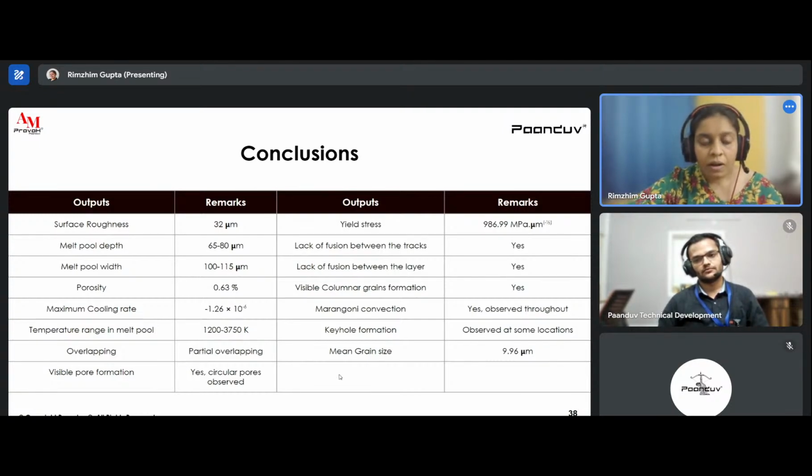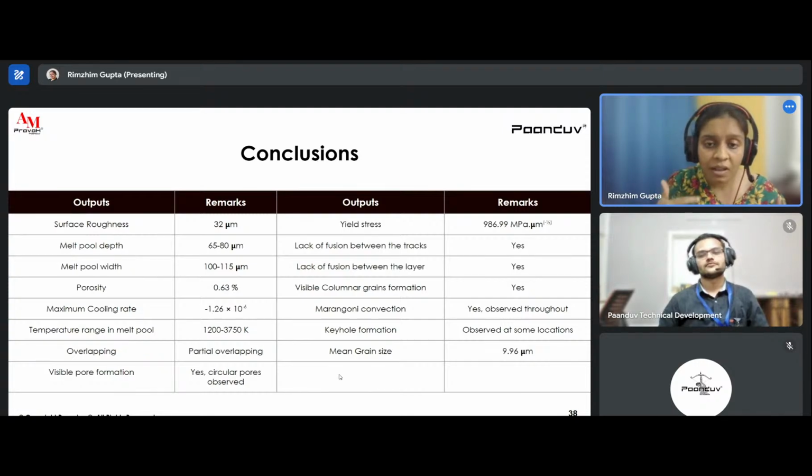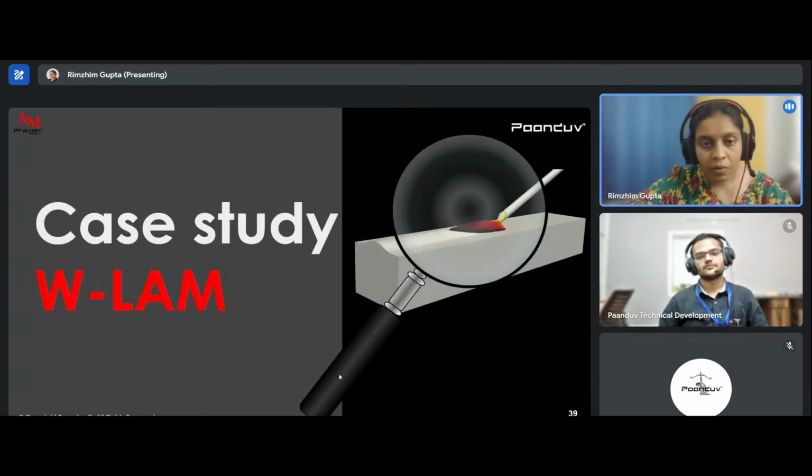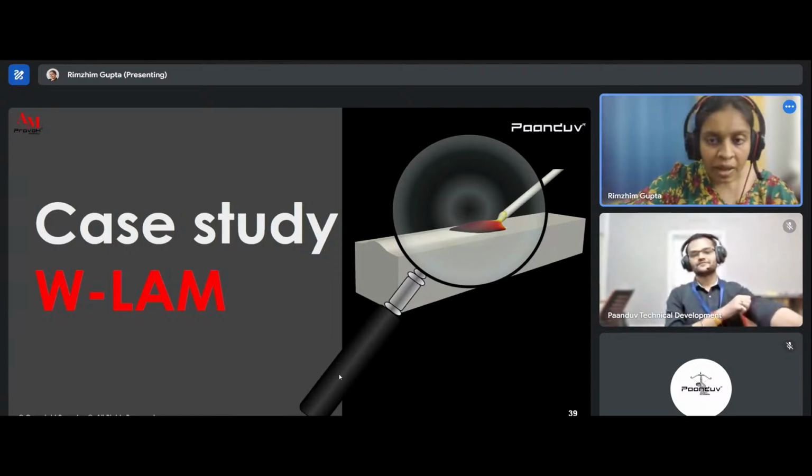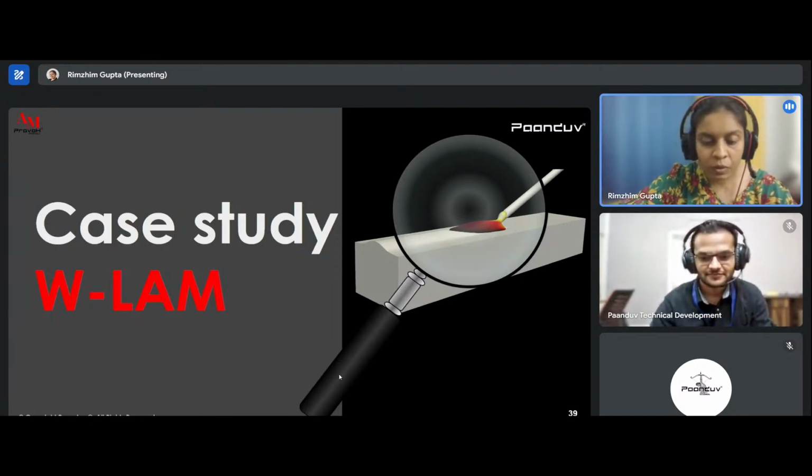So this AM Pravah for LPBF simulations will give you enough data to minimize your experimental design of experiments, which can cut down your cost and significantly reduce the simulation time and experimental time for you. So now I will hand over the floor to my colleague Monish Soral, and over to you, Monish.